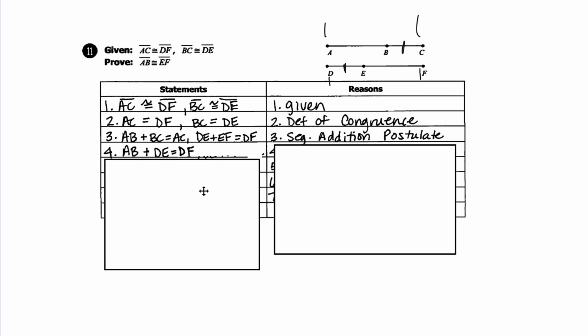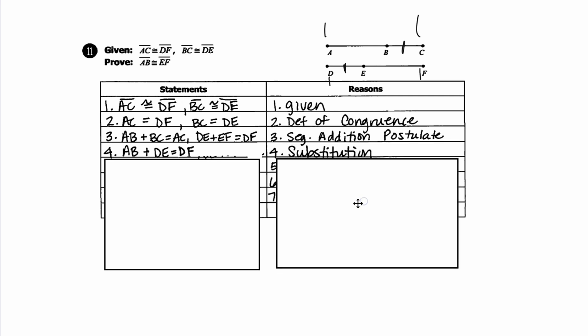So AB plus DE equals DF. That is just literally substituting things, right? Because we know that BC equals DE. That's what we're substituting.